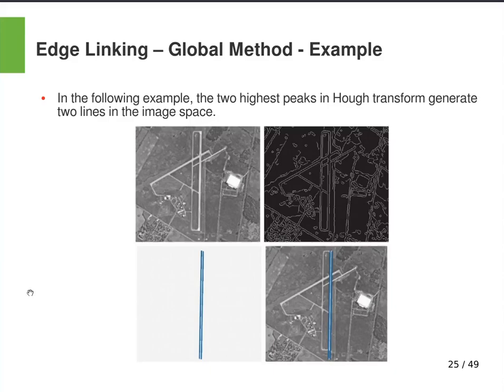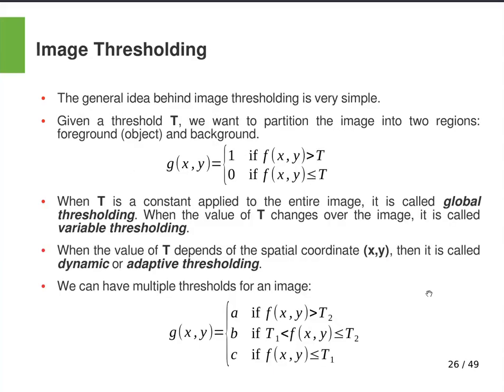Here is the result of extracting only the two strongest peaks in the parameter space. If we align this with the image, we see that the two peaks in the Hough transform correspond to these lines in the original image. You are recommended to refer to the book to get a better idea about the Hough transform.